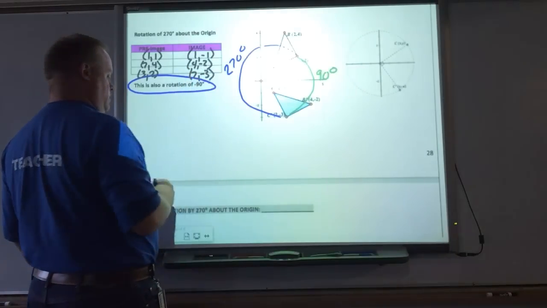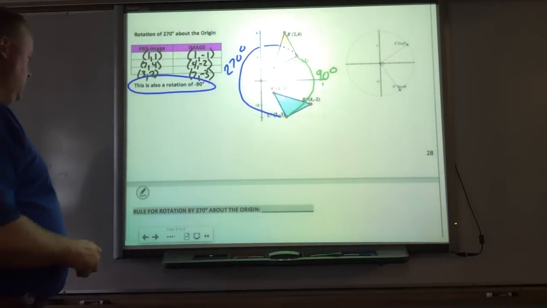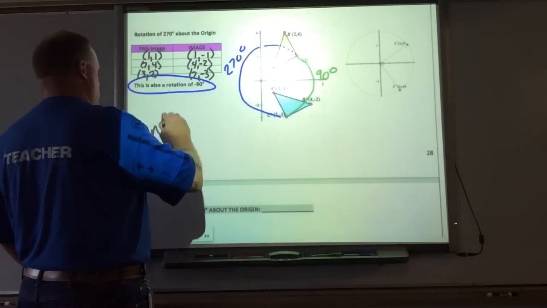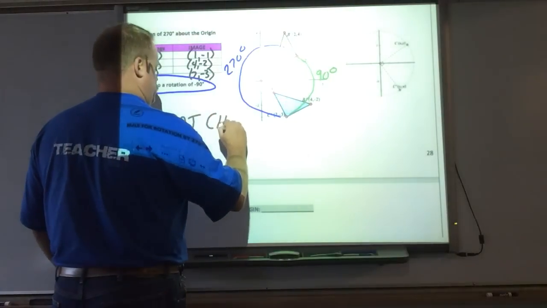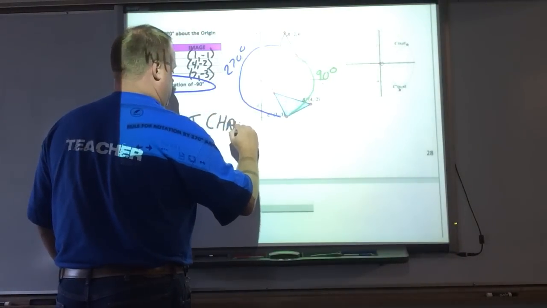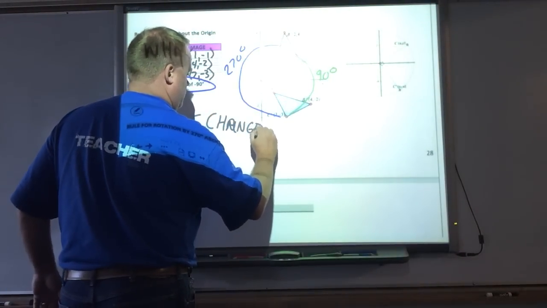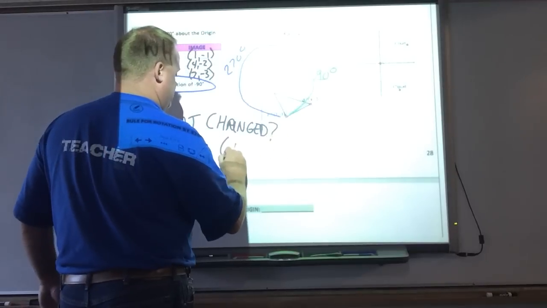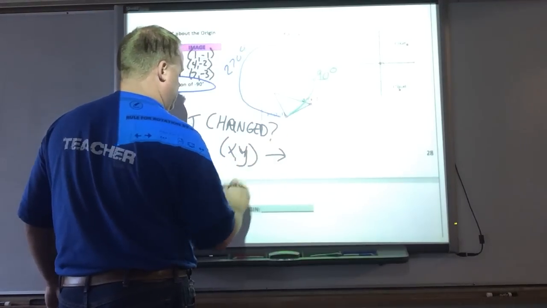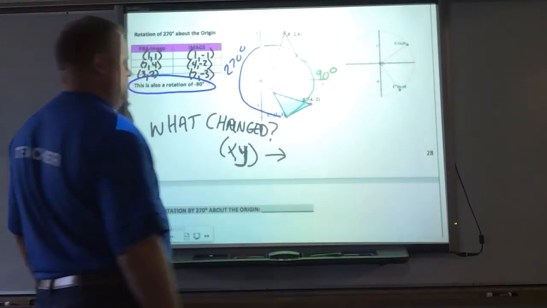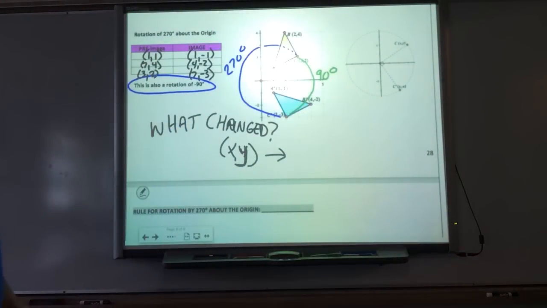So once again, the idea is what changed? Got my A there. What changed? And that, of course, is with regard to X and Y. What changed? What changed between X and Y?